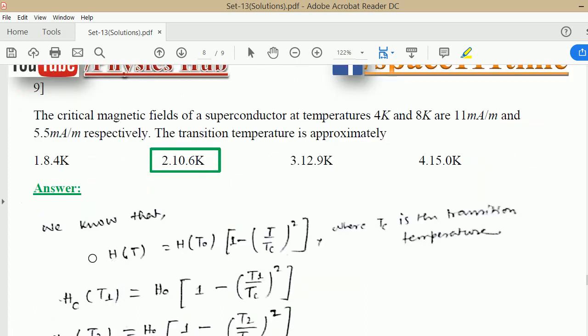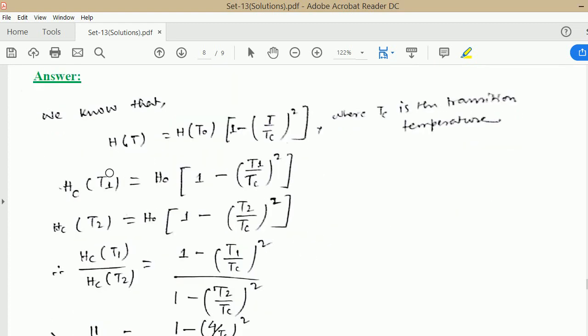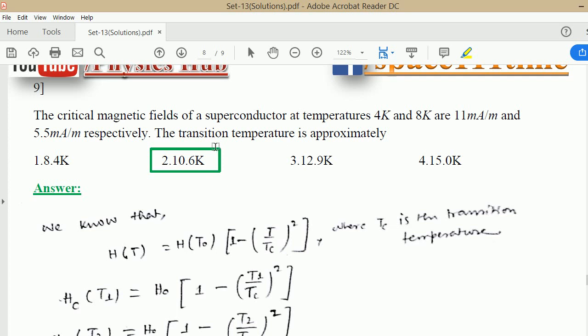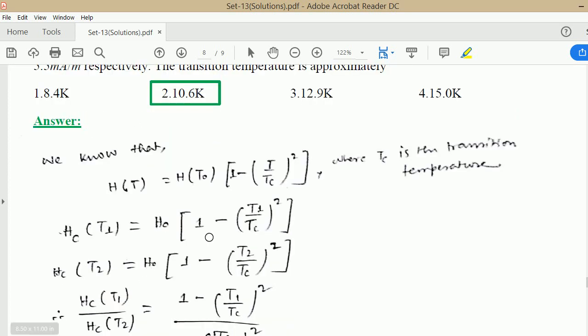We know that H of T, H meaning magnetic field, equals H0 times 1 minus T by Tc whole square, where H0 is a constant. We are given the critical magnetic fields at two different temperatures T1 and T2, so we write the corresponding critical field for these two temperatures.